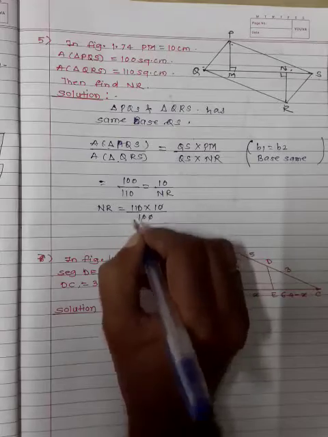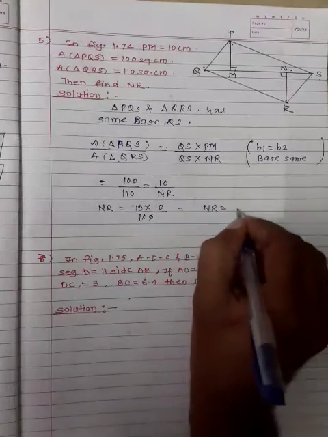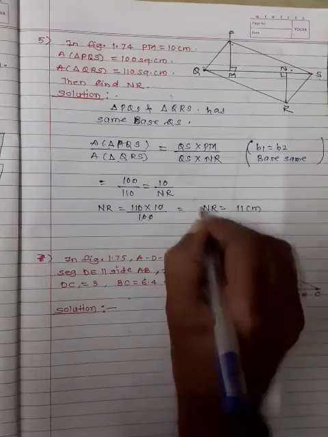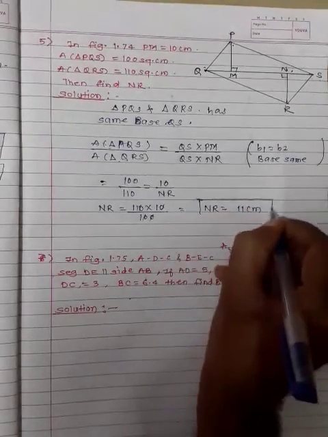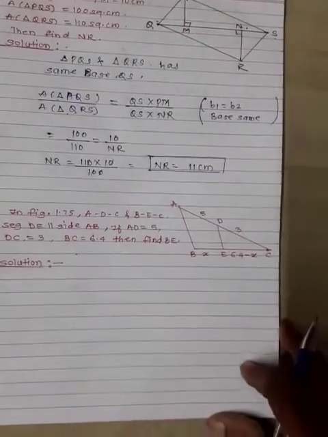Zero cut, NR is equal to 11 centimeter. Next question.